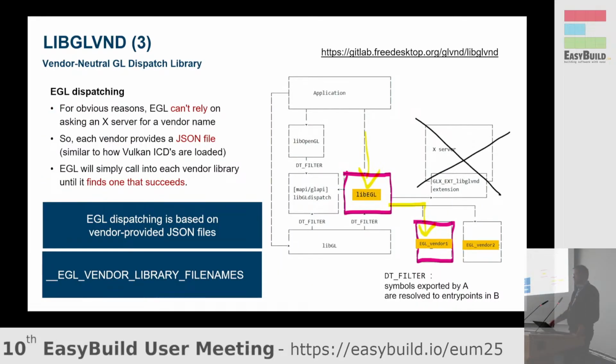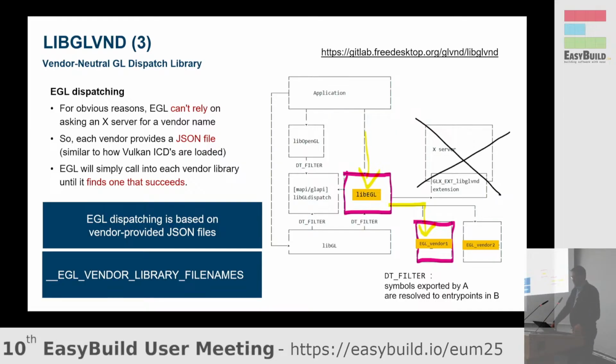EGL is, in some sense, less complicated. It works the same as Vulkan. You have JSON files which define where the vendor-specific EGL library is found, and that is set through an environment variable in a certain order.